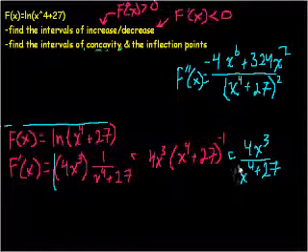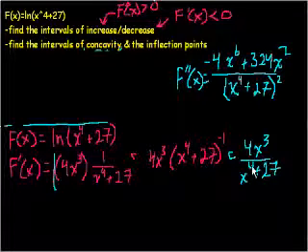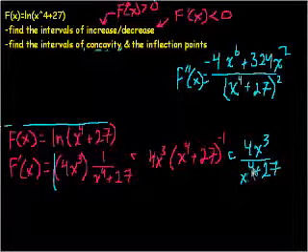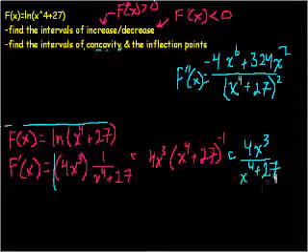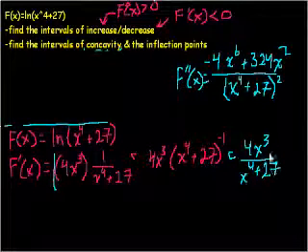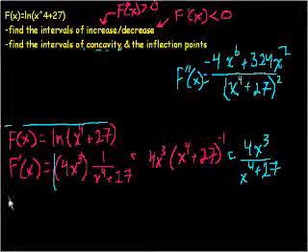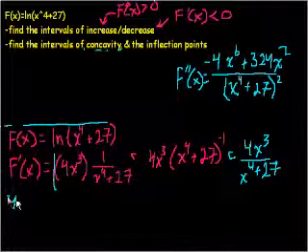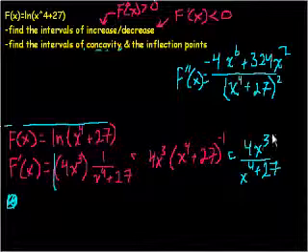Well, first of all, the denominator is always going to be positive, right? You take anything to the fourth power, it's automatically going to be positive. At least it's not going to be negative, right? If you put 0 there, you just get 0. But any other number there is going to be positive, as long as it's not imaginary. So the denominator is always going to be positive. So if you want to know when this is positive or negative, the question only boils down to when 4x to the third is positive or negative, right? 4x to the third is positive when x to the third is positive.